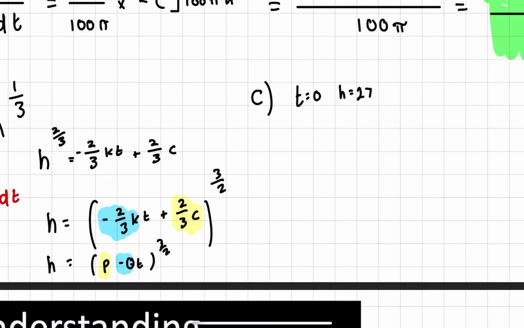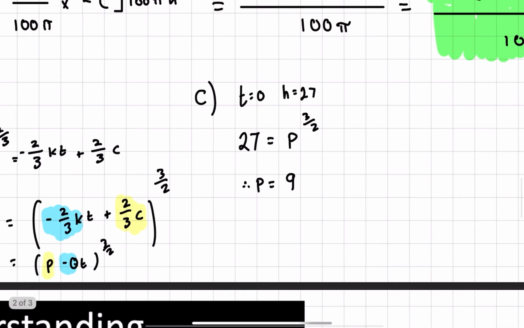So 27 equals, well, t is 0, so that becomes 0. So it equals p to the power of 3 over 2. Therefore, p has to equal 9, because 9 to the power 1.5 is 27.